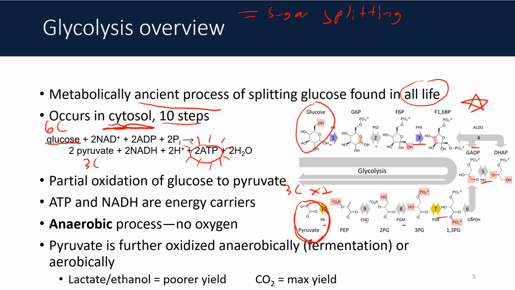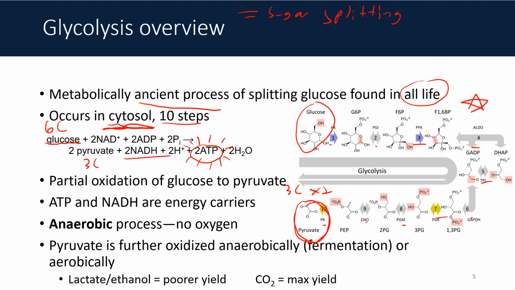And that's not all we're doing. We're cutting glucose in half, but we're also oxidizing it with NAD plus to form two equivalents of NADH. And we can carry off the NADH to use elsewhere in the cell. As for that pyruvate itself, we can also further process this for a lot more energy.